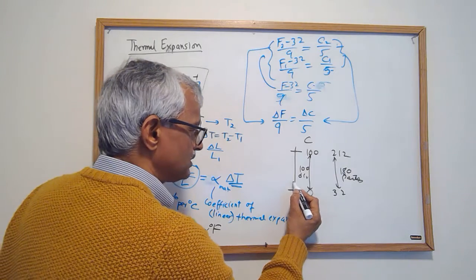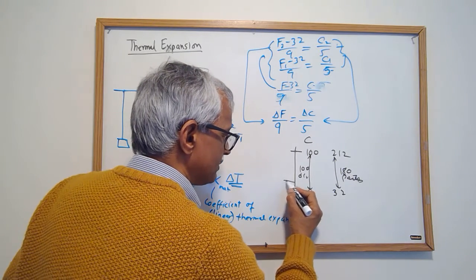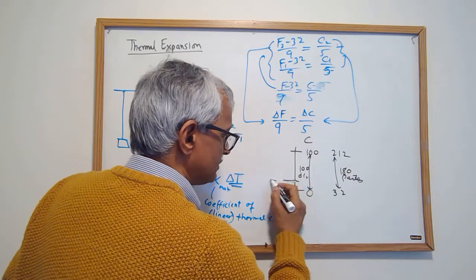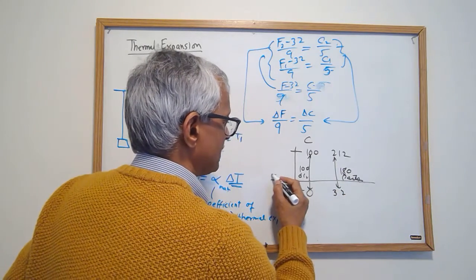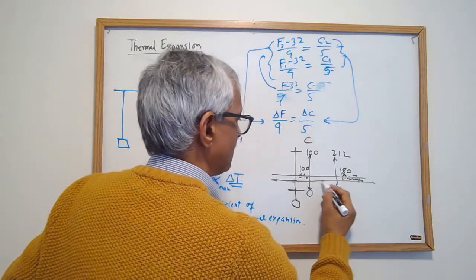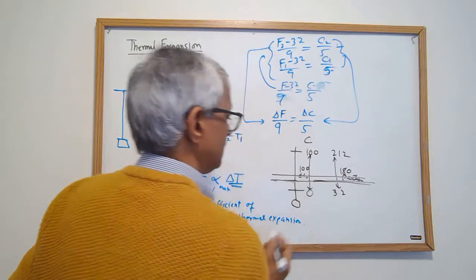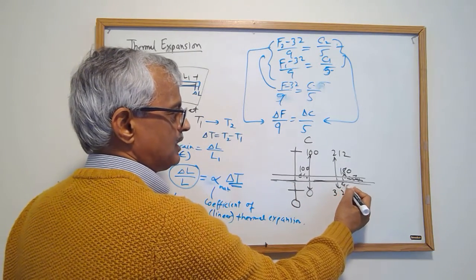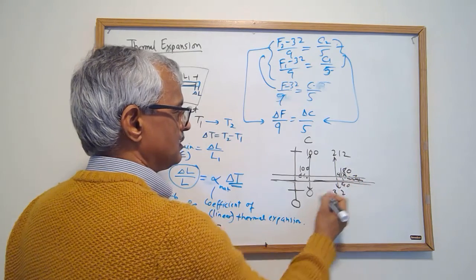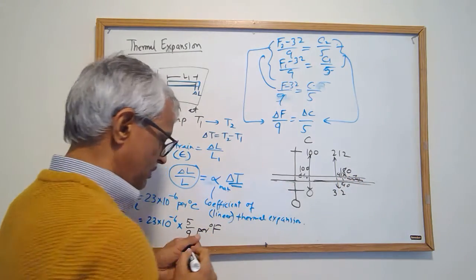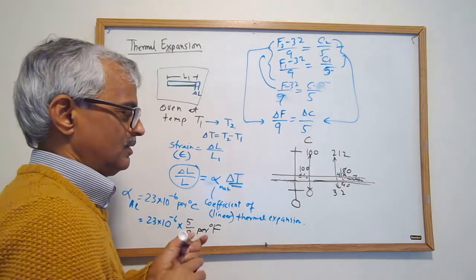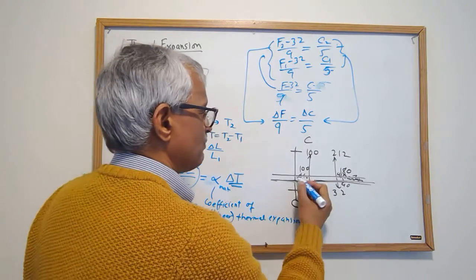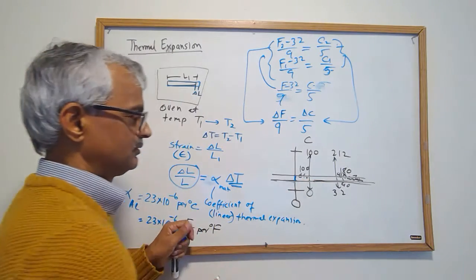So this was 1 degree Fahrenheit. Say this was 40 and this is 41. So mercury would rise this much, right?